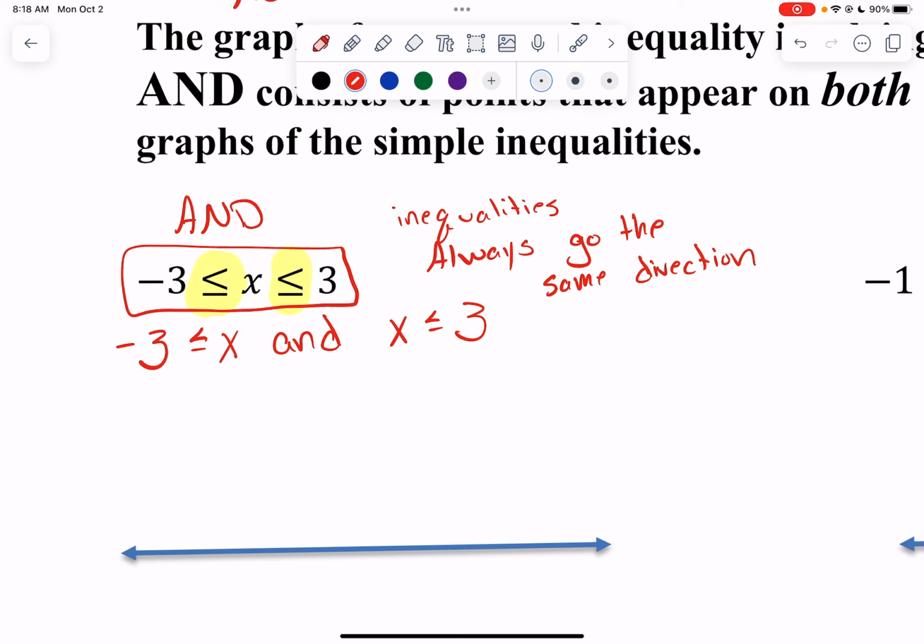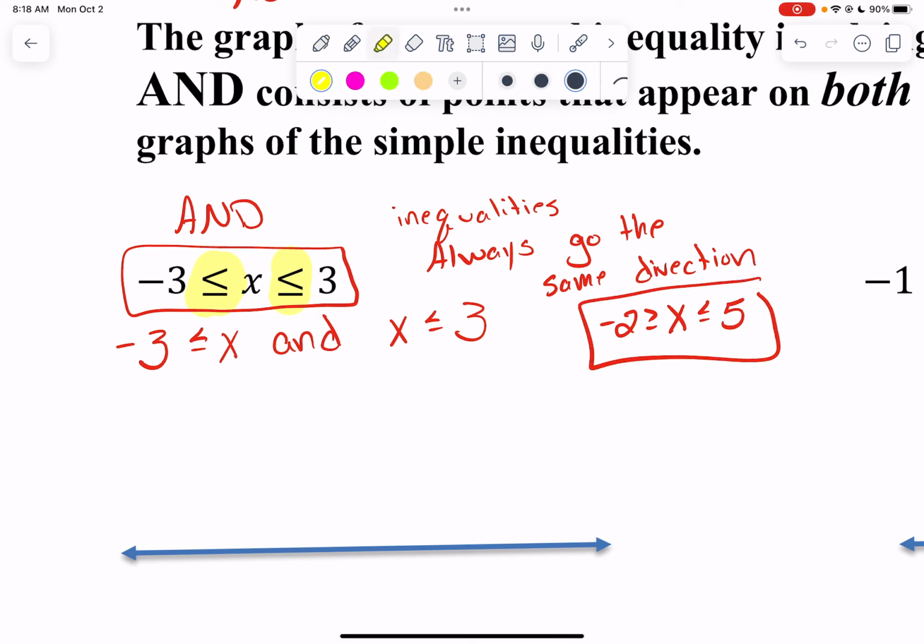You will never write a compound inequality like this, where the first one is a greater than, the second one is a less than. You never write them that way. They always go the same direction when we're putting them together to make that and statement.